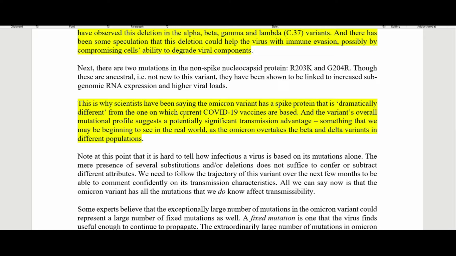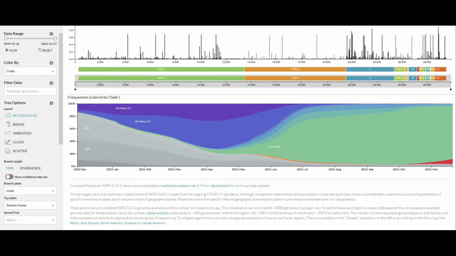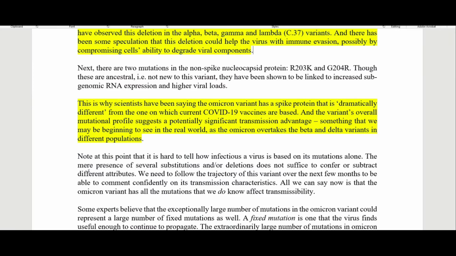So this is why scientists have been saying that the Omicron variant has a spike protein that is dramatically different from the one on which the COVID-19 vaccines are based, and the variant's overall mutational profile suggests a potentially significant transmission advantage, something that we may be beginning to see in the real world as the Omicron overtakes the Beta and Delta variants in different populations, which is what we were able to see here, where we can see this is starting to grow quite a bit down there.